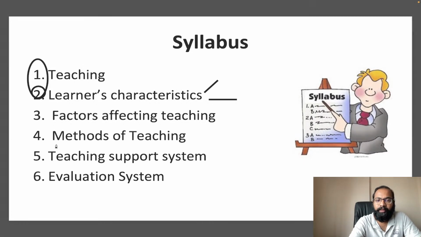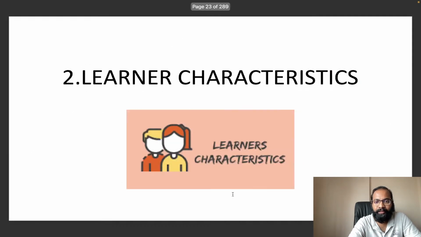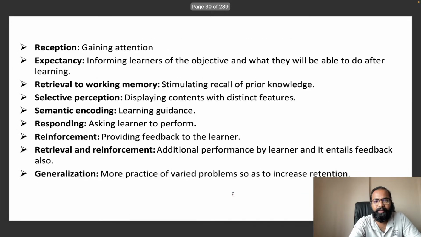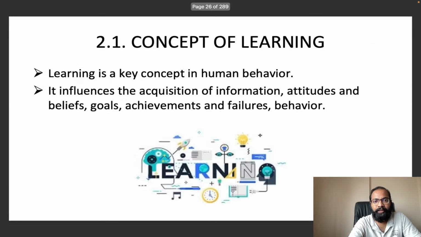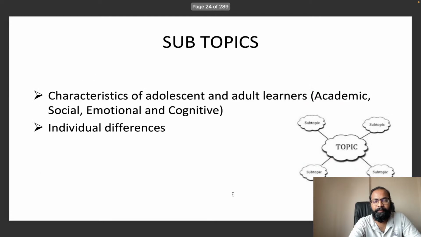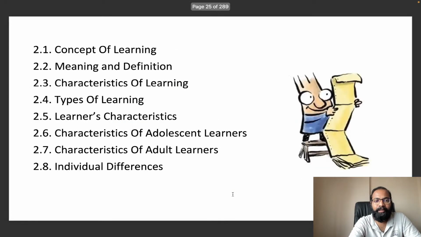Okay. So in the previous session, the second part, we discussed multiple topics of the learner characteristics. These are the different subtopics, and in these we discussed the concept of learning, the meaning and definition, the characteristics of learning, and the learner characteristics.